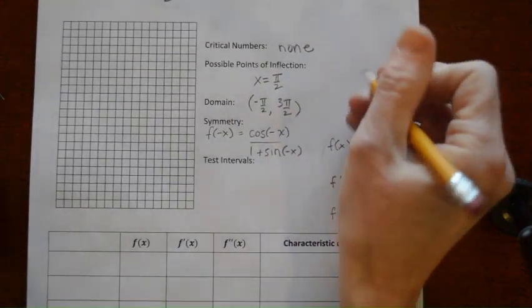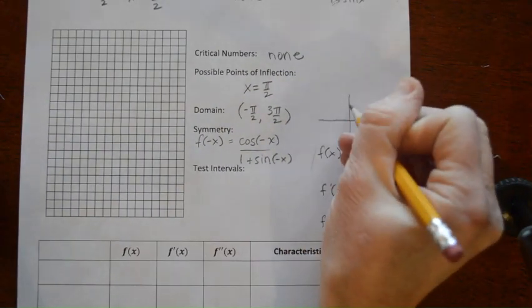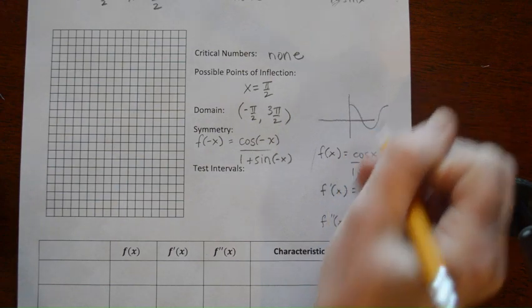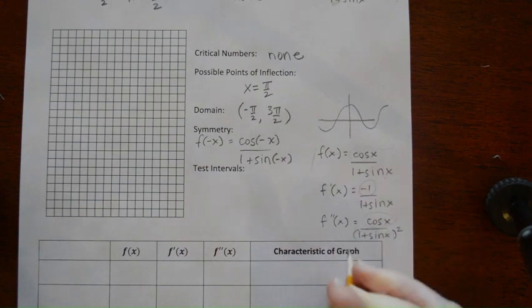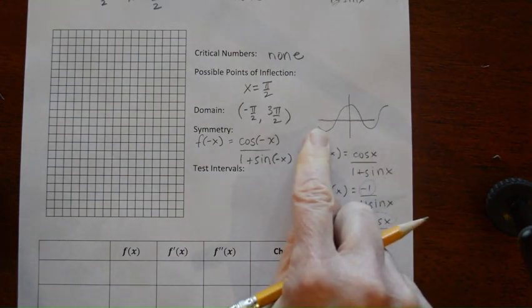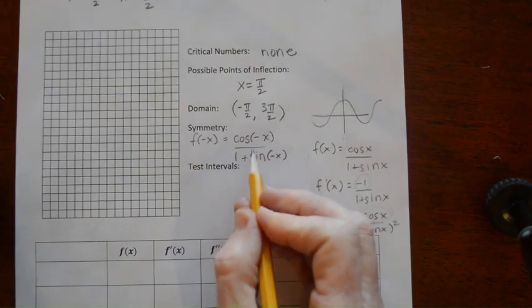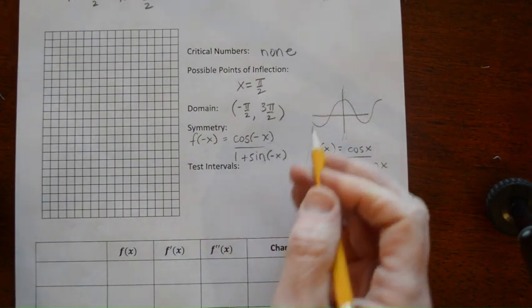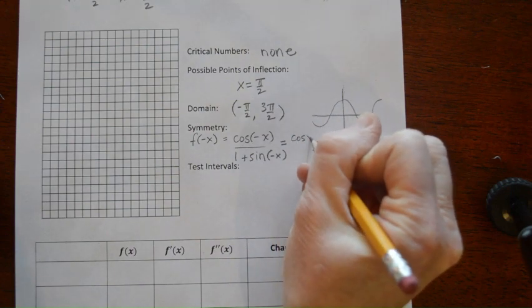Since cosine has y-axis symmetry, again, we know that because it looks like this on the right side of the y-axis, it looks like this on the opposite side, and we have that mirror line right there. So cosine of -x is cosine of x. It's the same on both sides.